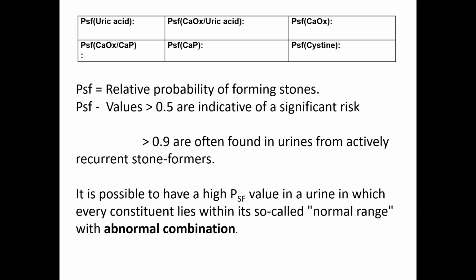More than 0.5 indicates significant risk, and more than 0.9 is always present in patients with recurrent stone formation. Even when we have normal biochemical ranges, especially results in the upper normal range, we can have this abnormal probability score.